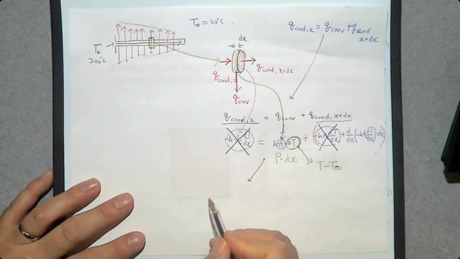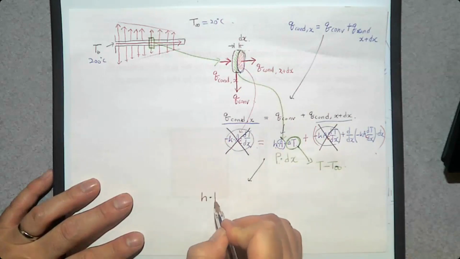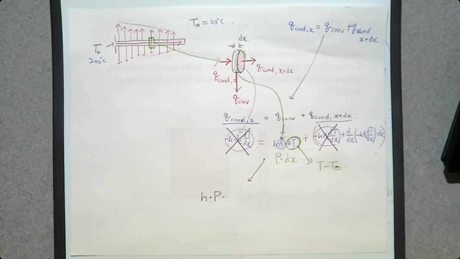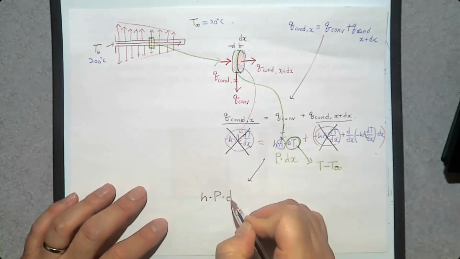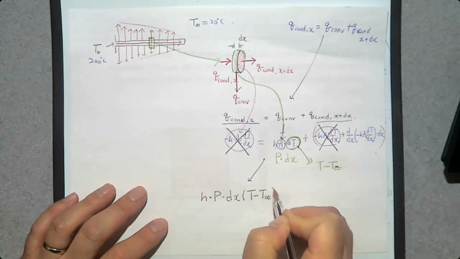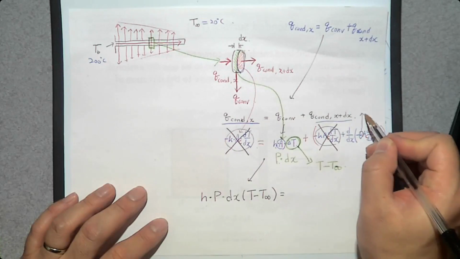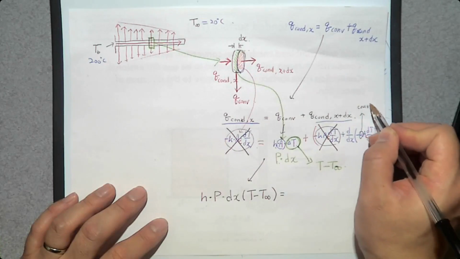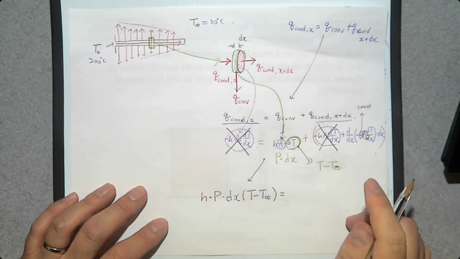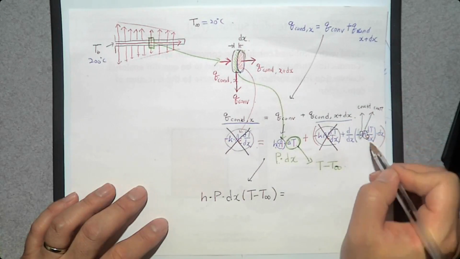Then this equation can be rewritten as h times perimeter P times dx times T minus T infinity is going to be, let's assume that k is constant. Yeah, k can be constant. What about the cross-sectional area? Is the area changing? No, usually constant. Then these two can come out.